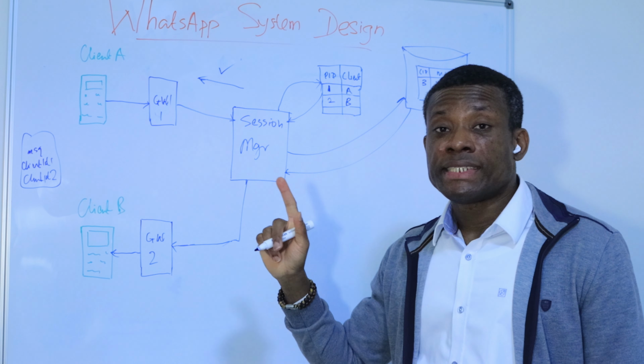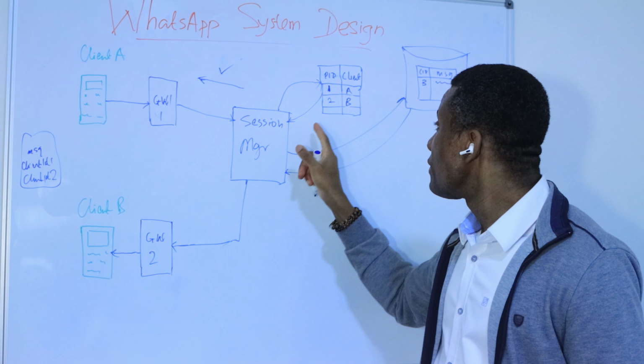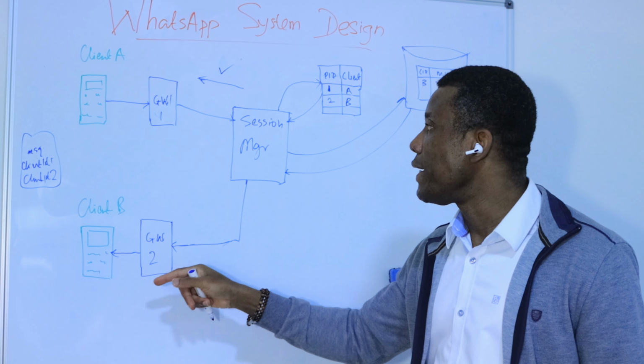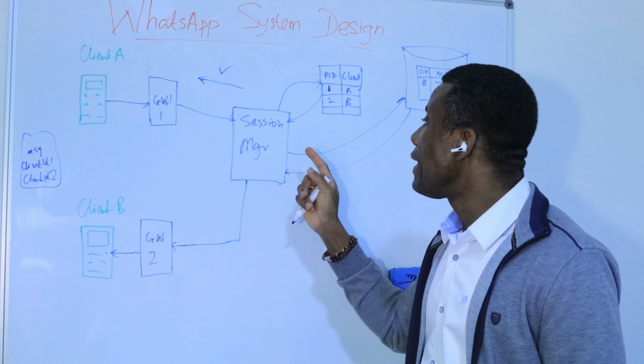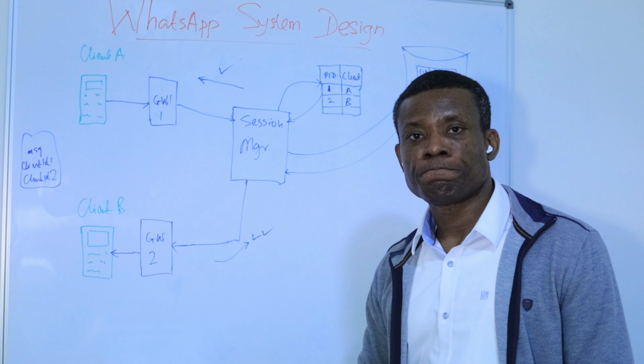The second one is the delivery receipt. If the session manager finds client B in the PID and forwards this message to the gateway, the gateway notifies that it has received it, and then there will be a delivery receipt.